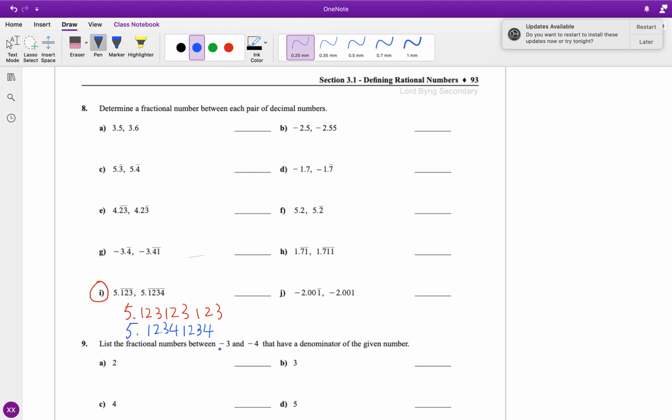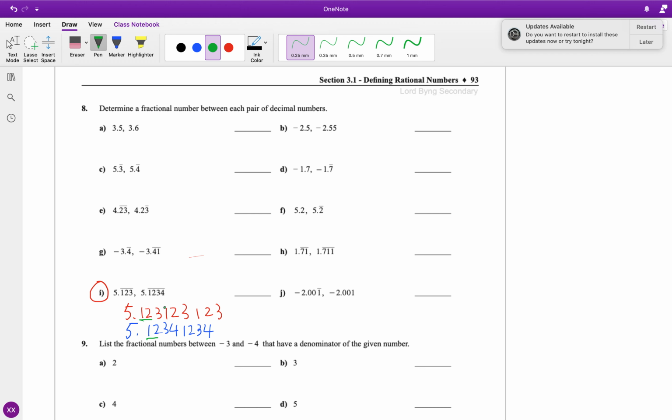Well, I think I should line up a little bit better. So now what I realized is here, 1, 2, they're the same. 1, 2, they're the same. 3 and 3 are the same, but this is a 1, this is a 4. Okay, and then we got 1, 2, 3 again.